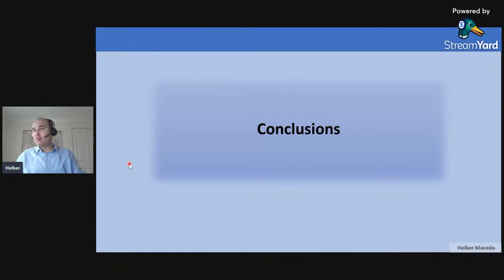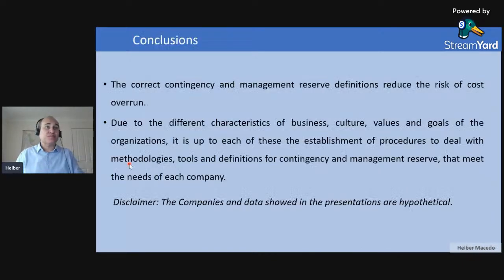So, conclusions, we are moving to finalize our presentation. The correct contingency and management reserve definition, of course, reduces the risk of cost overrun. If you are doing a proper analysis of your project, if you try to identify the uncertainties, if you identify your risks, if you are doing simulations, of course, you are protecting your project better.